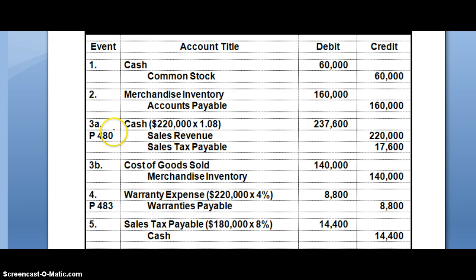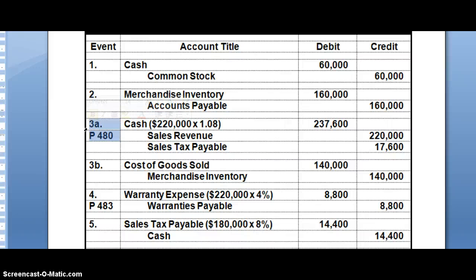Actually, if we go back to number 3 for a second, please reflect back to page 480. Go to page 480, and that's going to walk you right through it. That's going to tell you exactly how to do it.